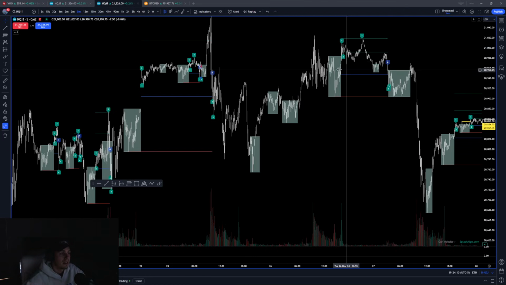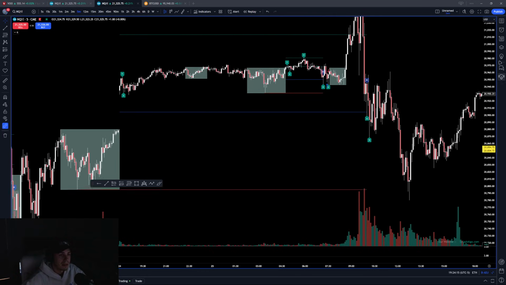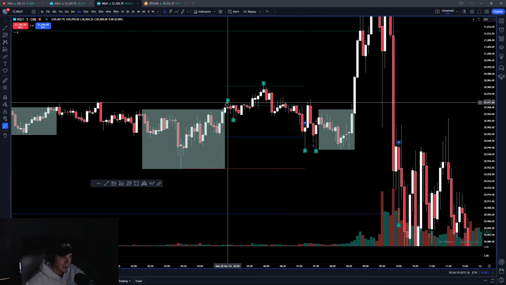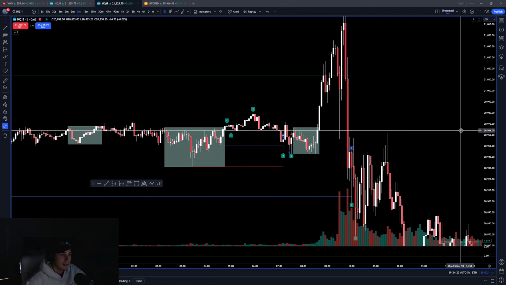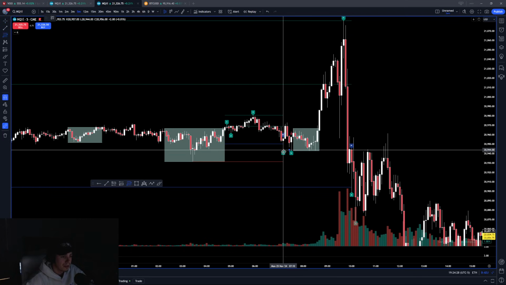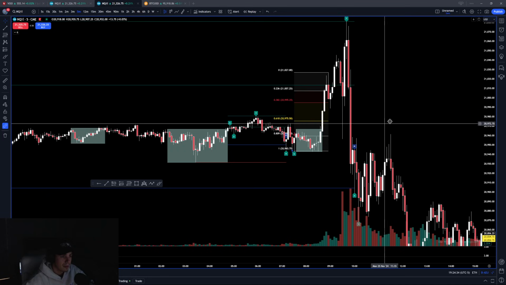Let's see if I can find another example here. This one might be an example. Again, we have our golden SPS, 1, 2, 3, 4. And here it looks like this is when market opened, so it might not be the best example, but we can draw the fib from the low to the nearest high after the number 3 broke.